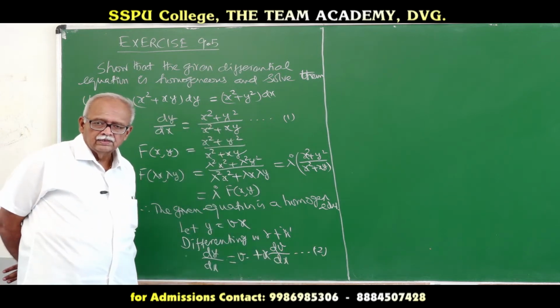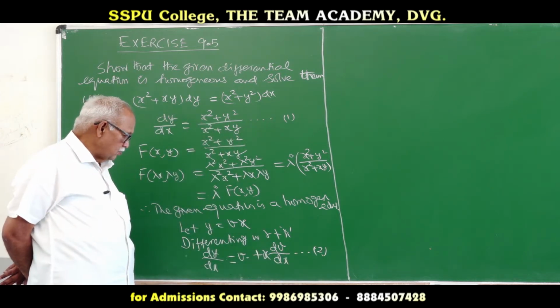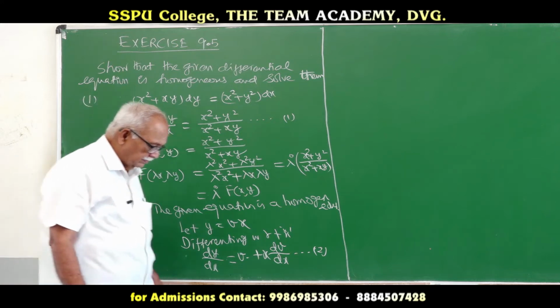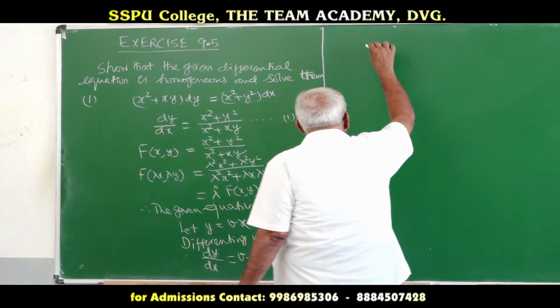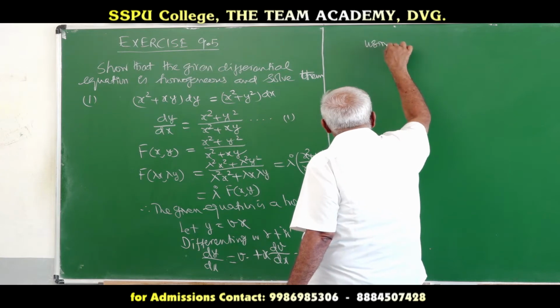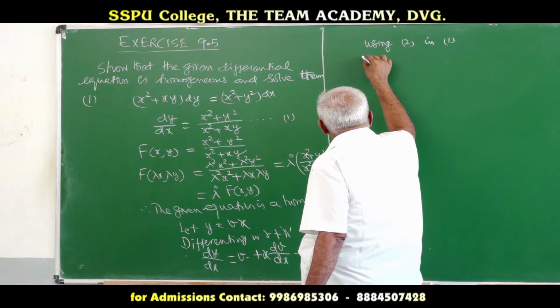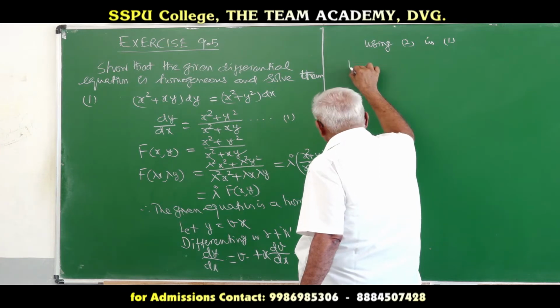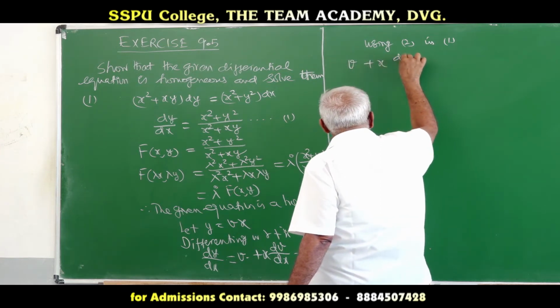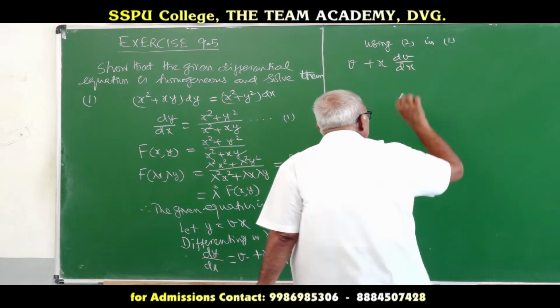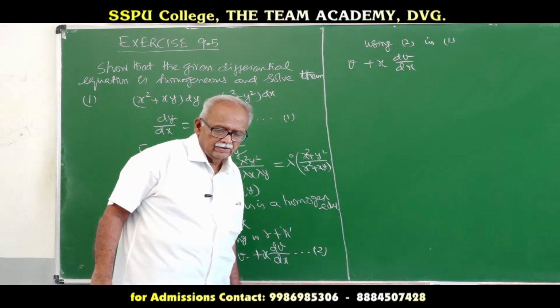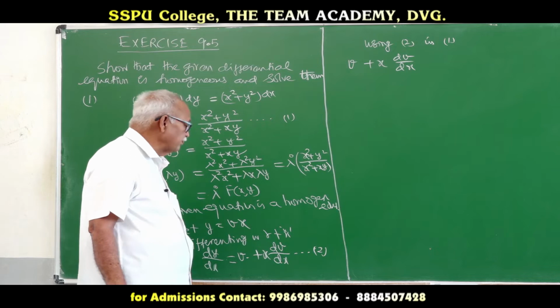Now using 2 in 1, the left hand side becomes v + x dv/dx.